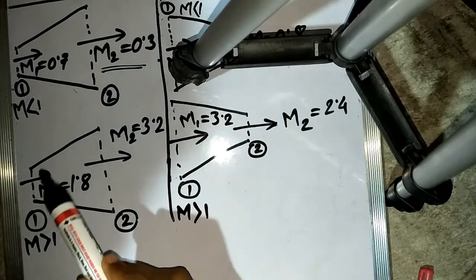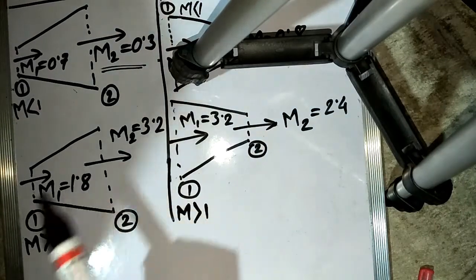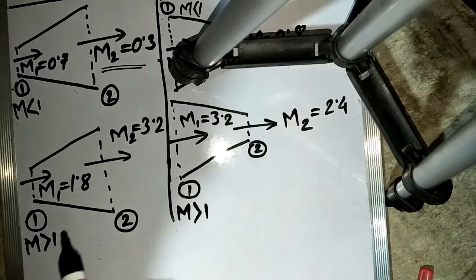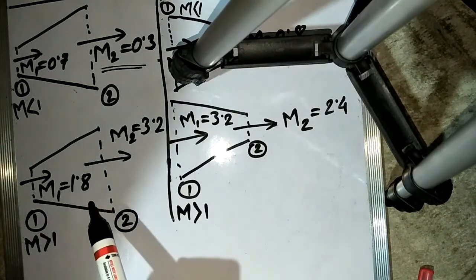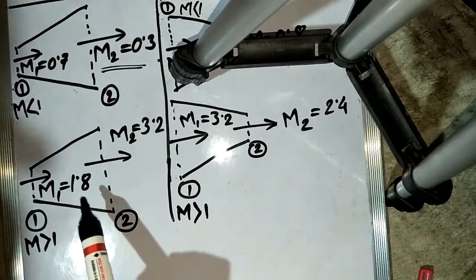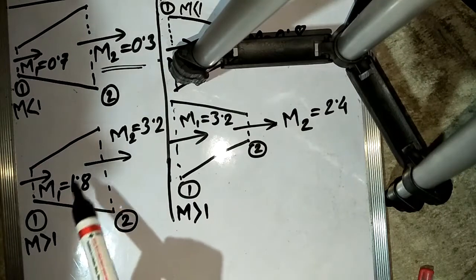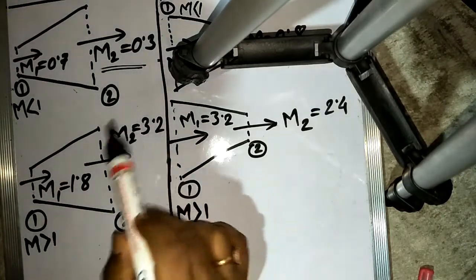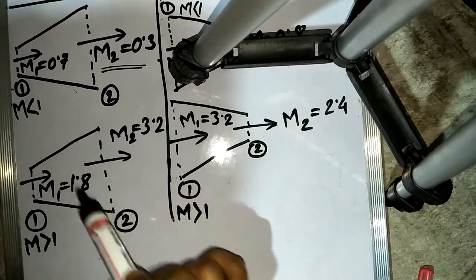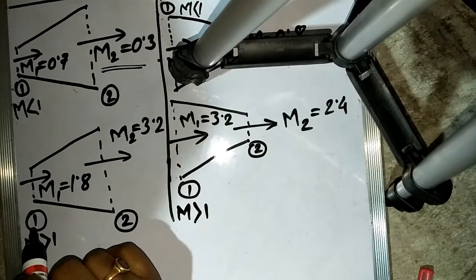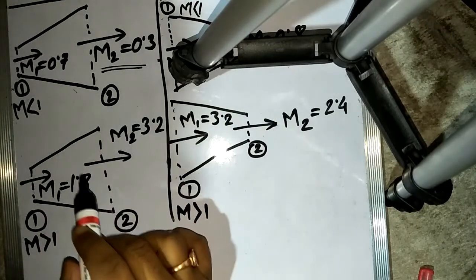Again for case number 4, the inlet Mach number is greater than 1 and this duct is a divergent type duct. The outlet Mach number gets increased, so the divergent duct for supersonic flow acts as a nozzle.